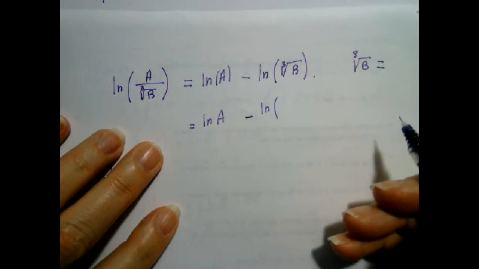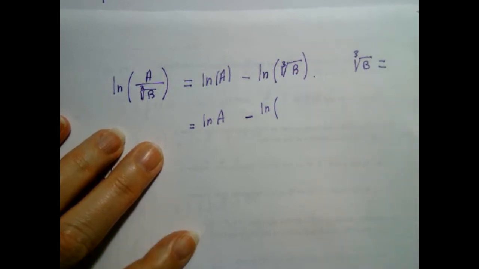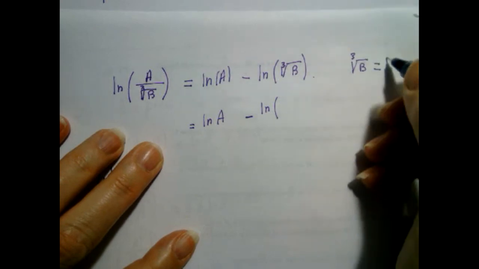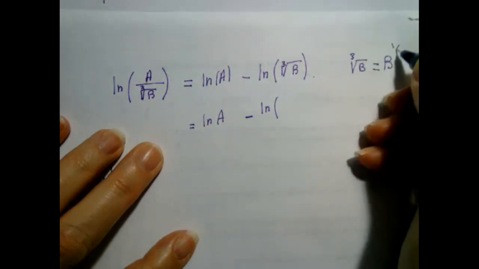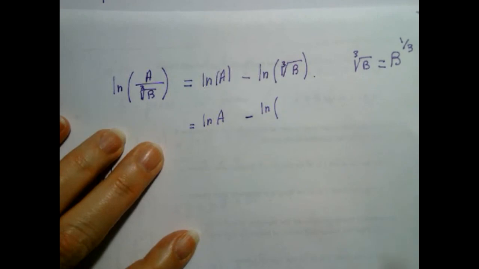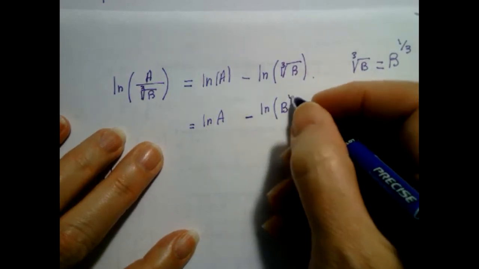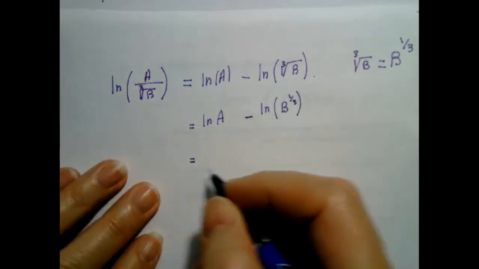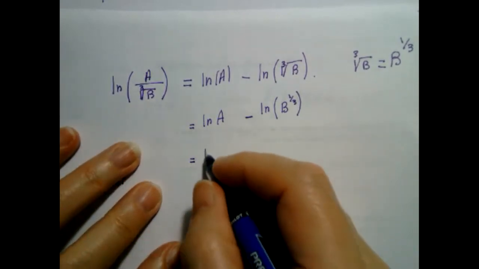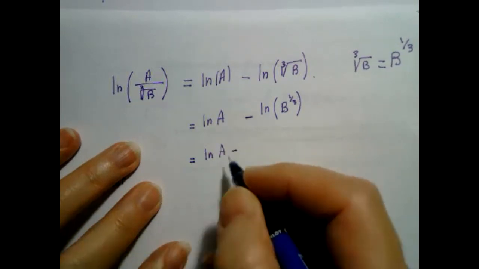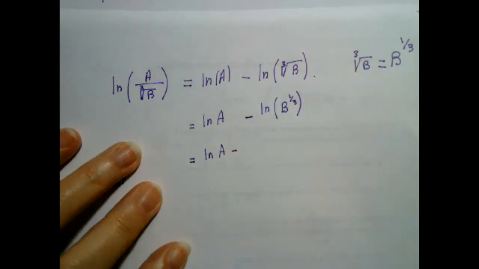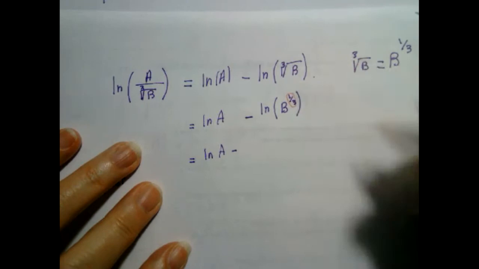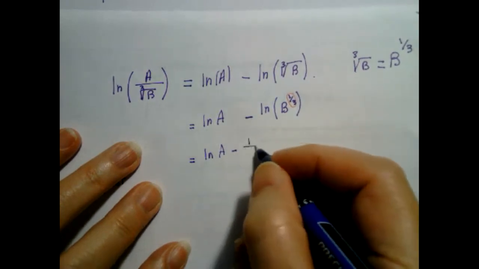So it would be B to the third, one third. Yeah, sorry. She wrote this as B to the third. Keep going. And then it would be ln of a minus one third, in the power.